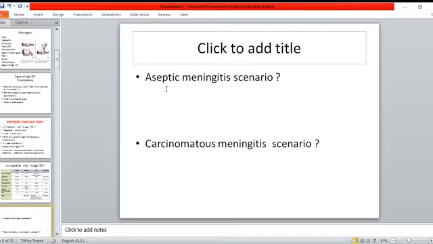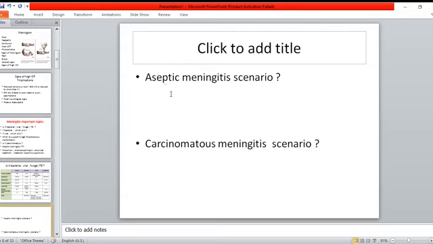So it's a lymphocytic CSF, almost no fever, and from its name, it's just a meningitis which shows negative cultures for bacteria or fungus. So repeated cultures and repeated samples is always negative, and no fever, and it's lymphocytic. So this is a scenario of aseptic meningitis.